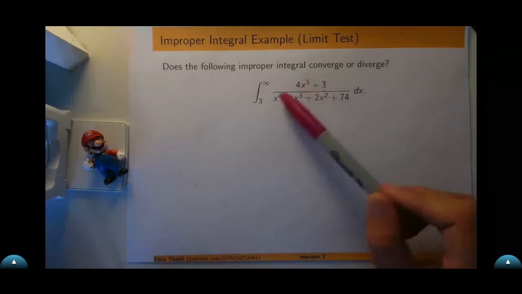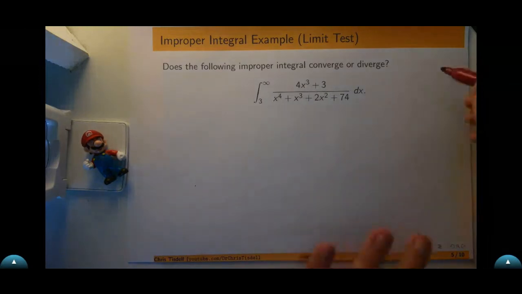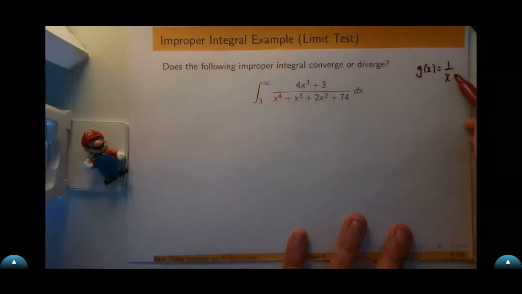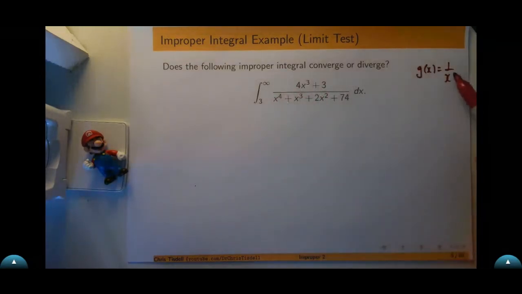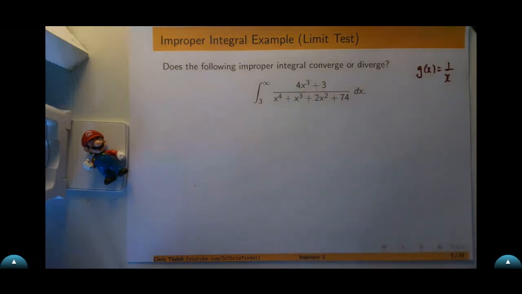So 4 minus 3 will give you 1, and you compare it with something like that, where the power is here, so x to the power 1. So look for the difference between this and this, and in many cases you can choose your g of x to be a p function, where p is the difference between this and this.